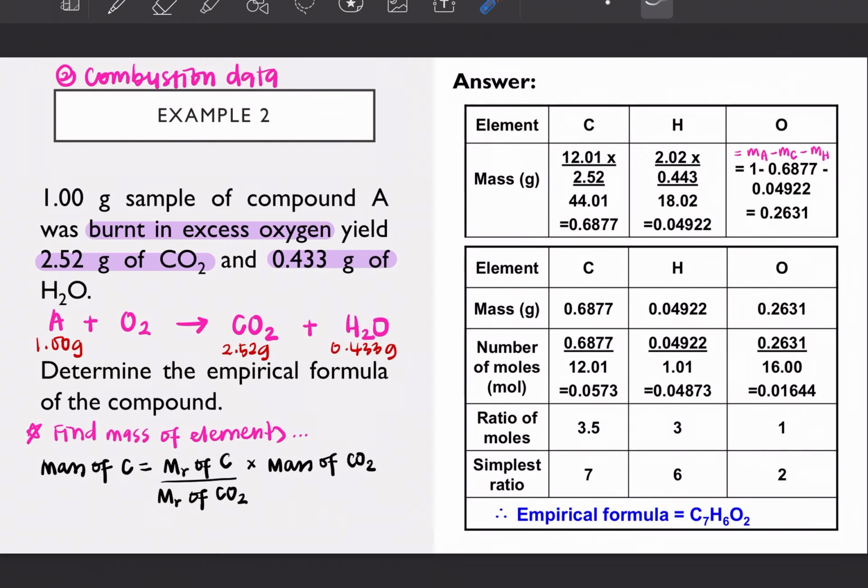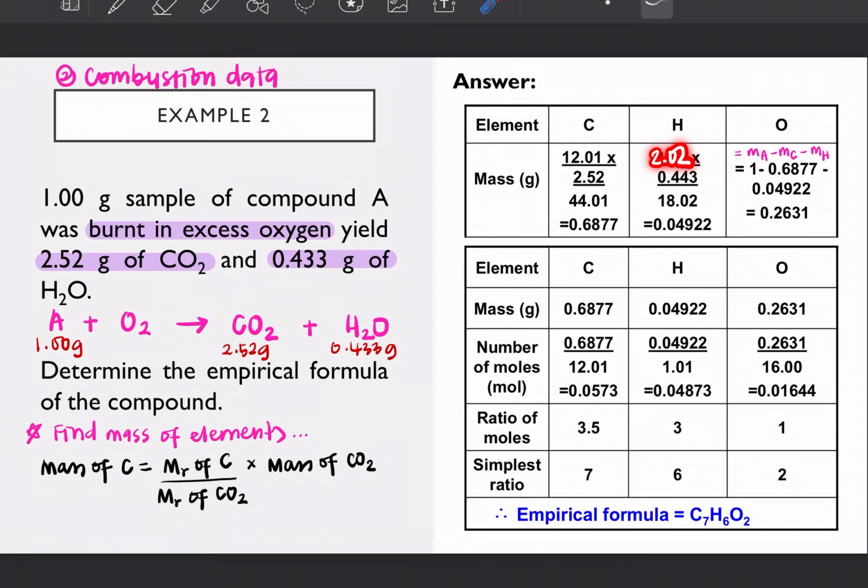For hydrogen, here it is 2.02. Why is it 2.02, when one hydrogen is only 1.01? It is because in water, you have 2 hydrogen atoms, so I have to write 1.01 times 2, so it is 2.02.